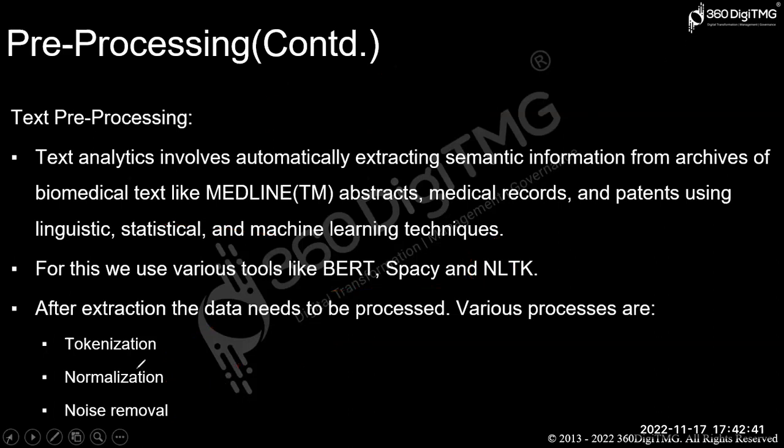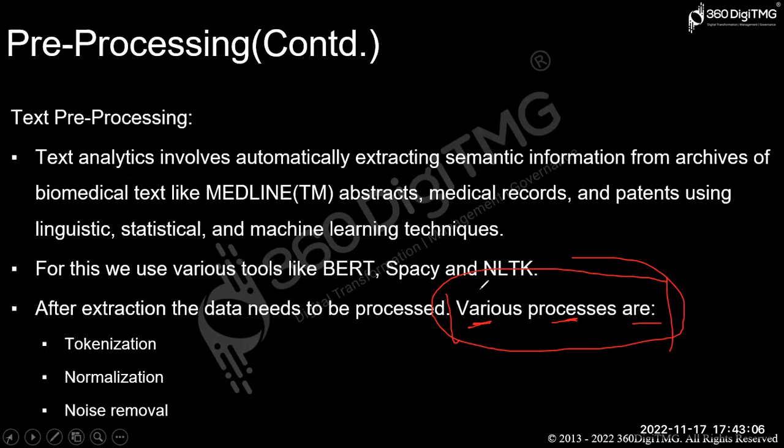So what exactly is tokenization? Whatever sentence we have, we break those sentences into different words. Let's say here, various processes are. So it is one word, it is one word, it is one. Combined, we will be calling it a sentence.